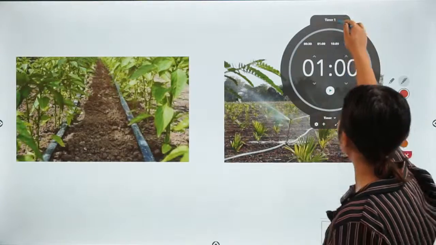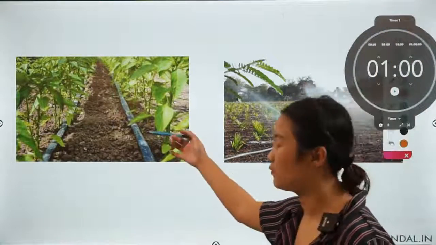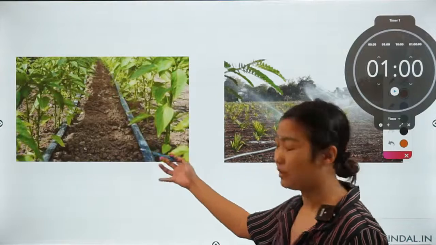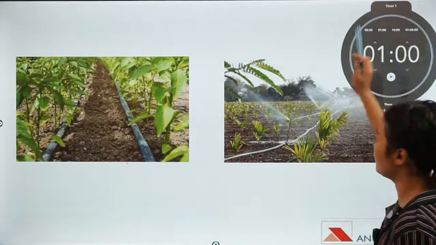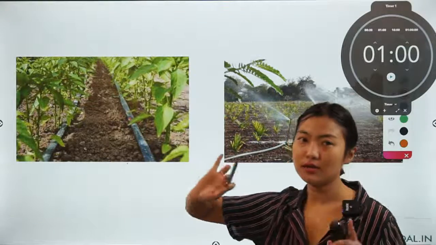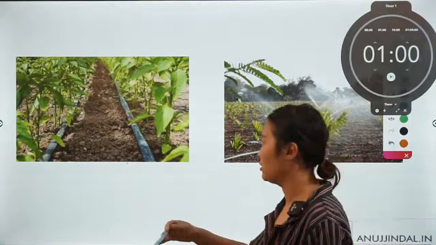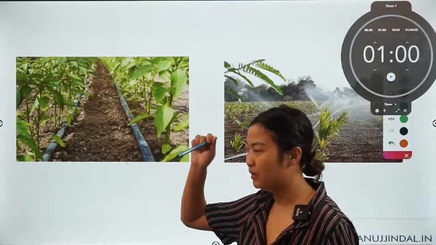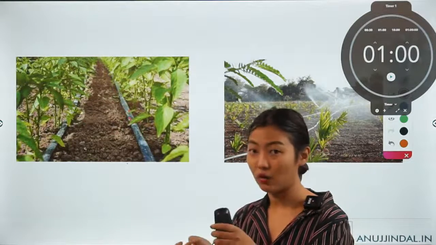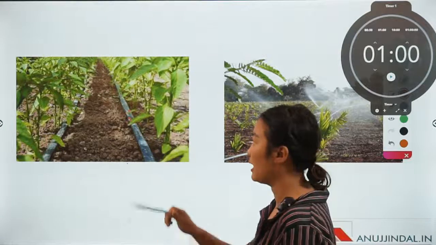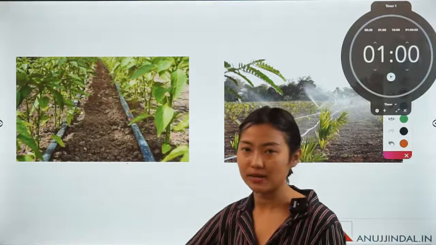Here in this picture, for your clear idea, I've given a picture of drip irrigation, and here it's sprinkler irrigation. As a rough idea, general knowledge: the point where the water outlet is usually placed at 1 foot, according to the spacing of the plants.